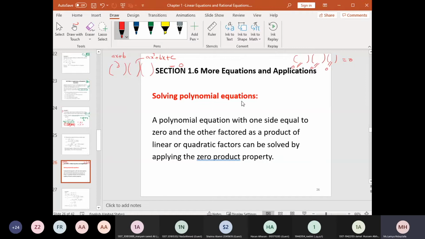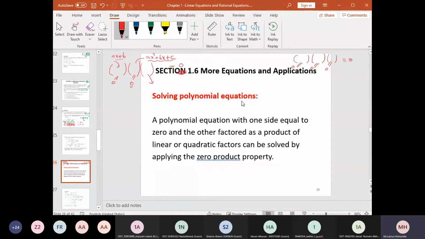So for this to be equal to 0, either this one is equal to 0, and we knew how to solve a linear equation, or this is equal to 0, and we knew how to solve the quadratic equation when the right side is 0, correct?